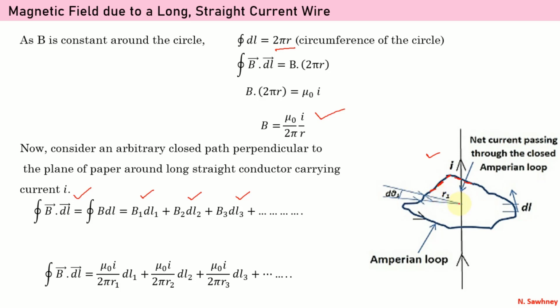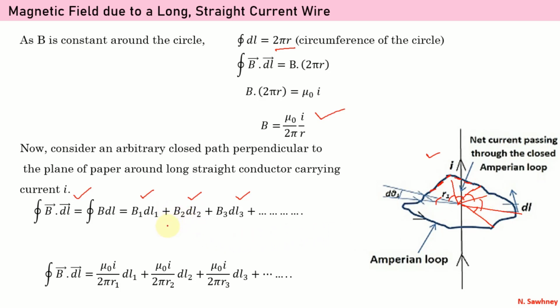They are at a distance r1, r2, r3, r4 and so on. The angles subtended by them at the center are represented by d theta 1, d theta 2, d theta 3, d theta 4 and so on, like this.